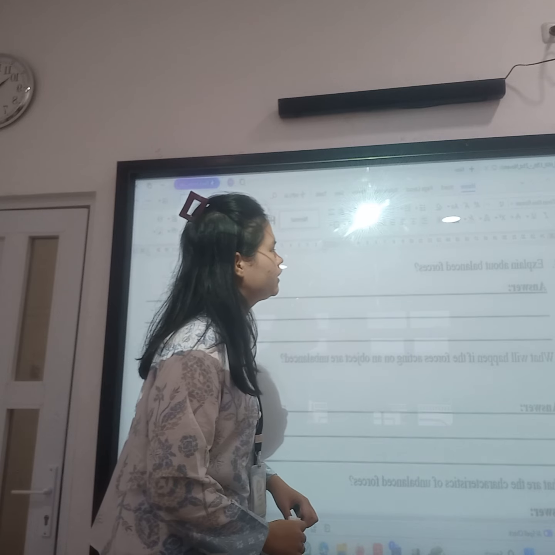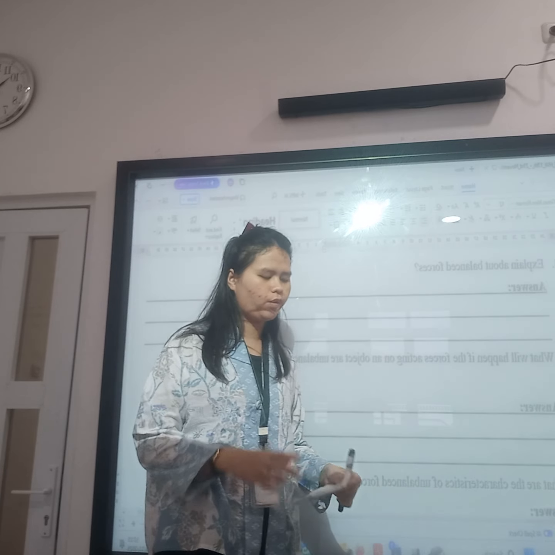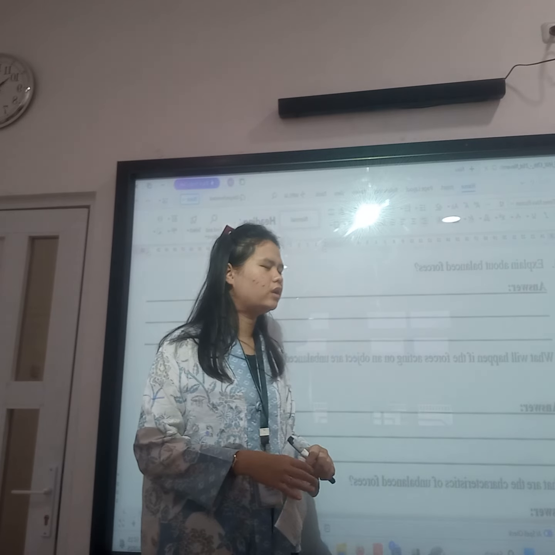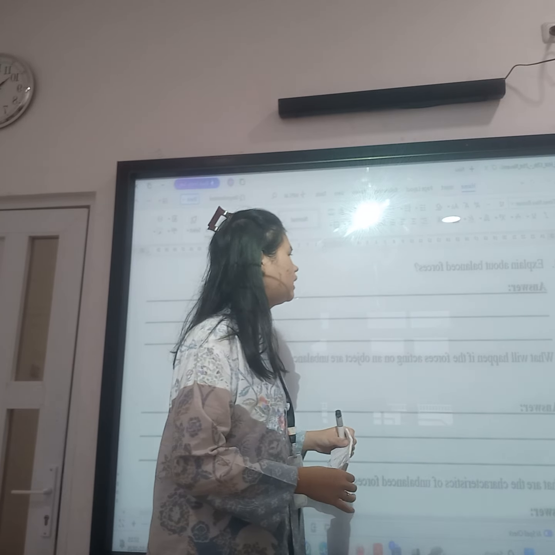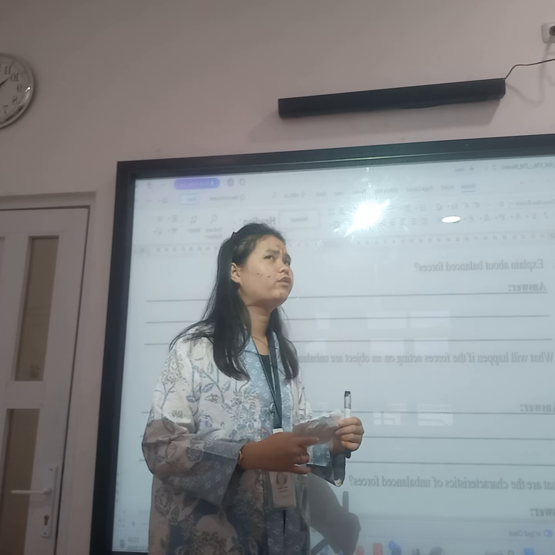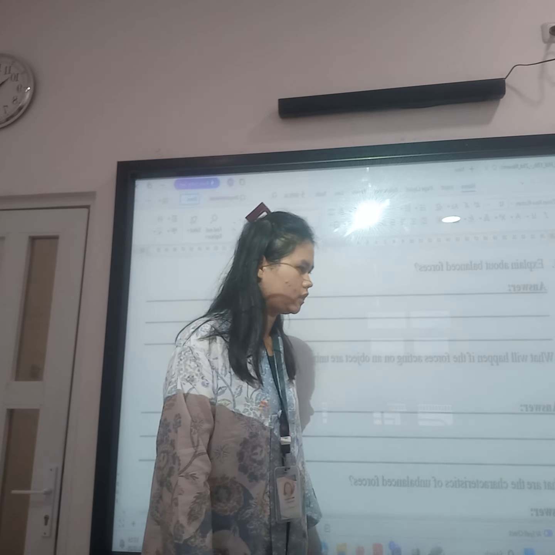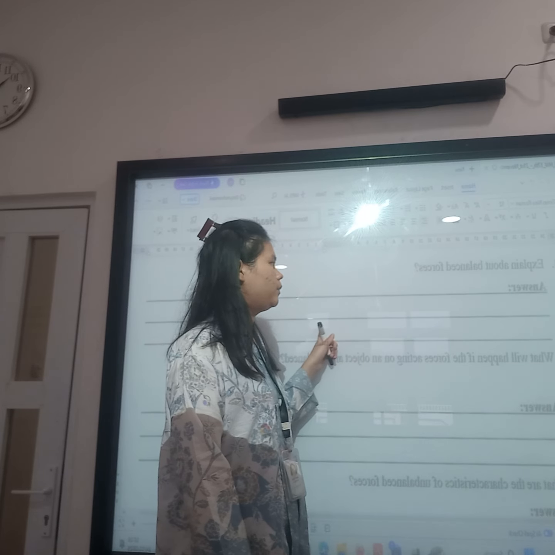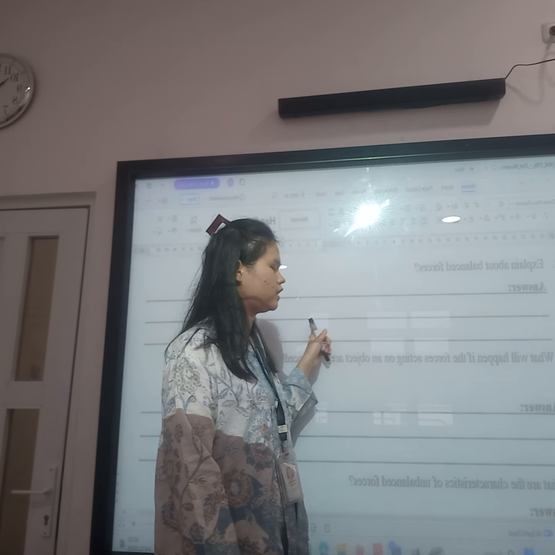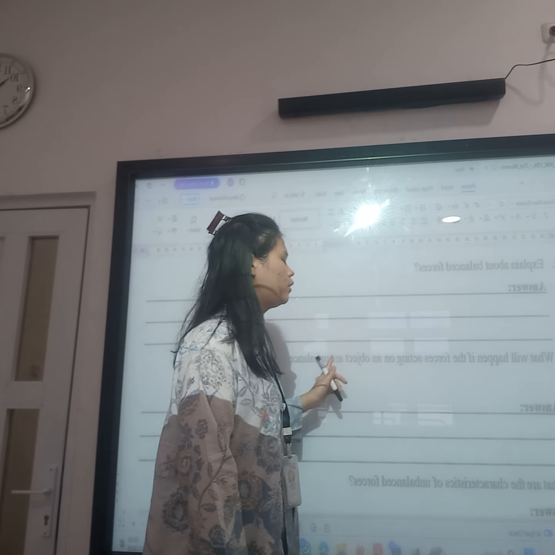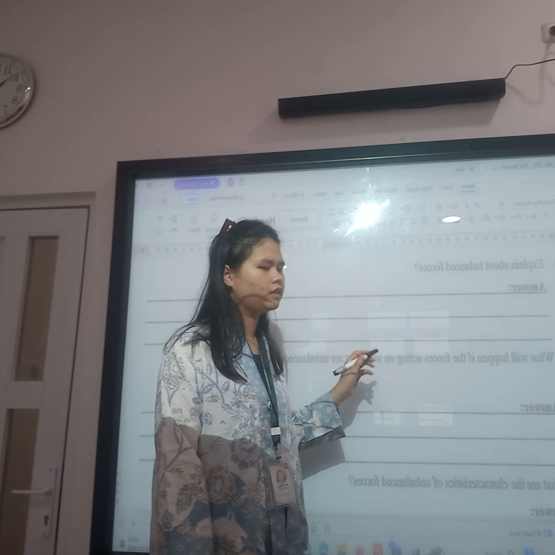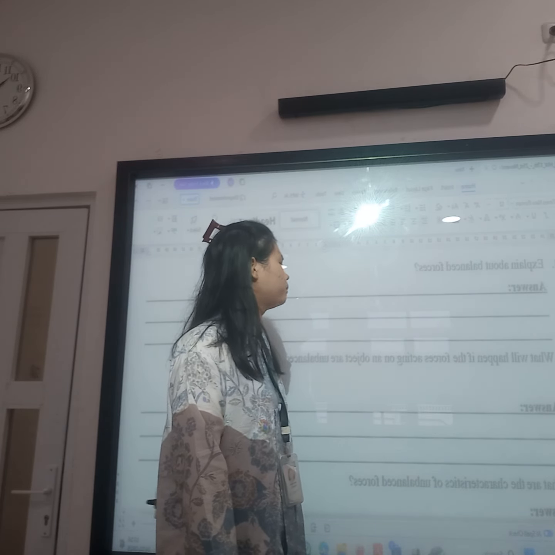Explain balanced forces. Balanced forces is like when two forces have an equal size in opposite directions, acting on the object with the same size of force.